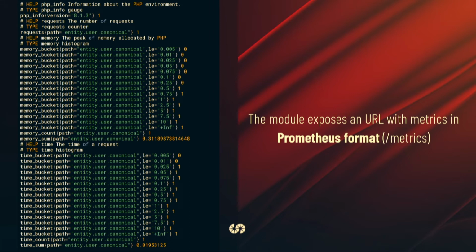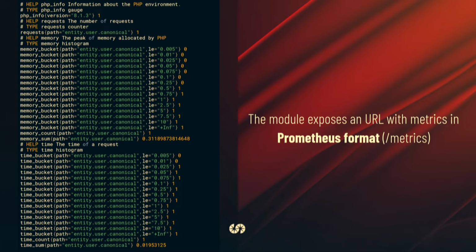And for example, here we see the PHP version that is automatically provided by the Prometheus exporter. Then we hit the entity.user.canonical route one time, and the memory and the time that Drupal consumed to render that URL are in this bucket format.